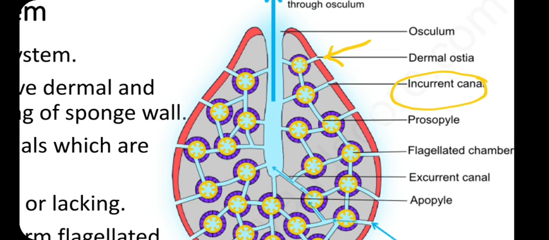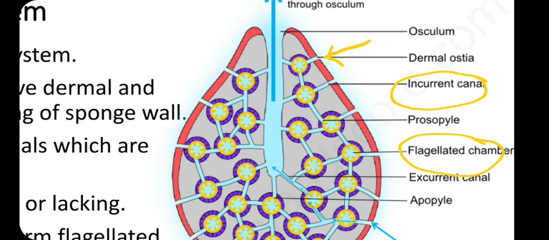Here, instead of a radial canal, it is called a flagellated chamber. It is no more a canal, it is a chamber. It is small as well as almost spherical in structure, again lined by choanocytes, just like the radial canal. There it was canal like, passage like, here it is chamber like.